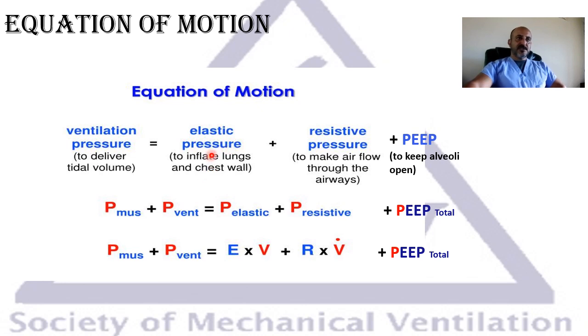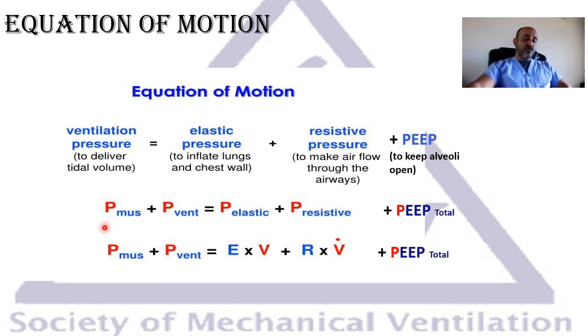So the elastance of the whole respiratory system, as we know, is divided into chest wall and lungs. Also, it has to overcome the resistive pressure, which makes the air flow through the airways, and has to overcome also the PEEP. And by PEEP I mean the total PEEP to keep the alveoli open.